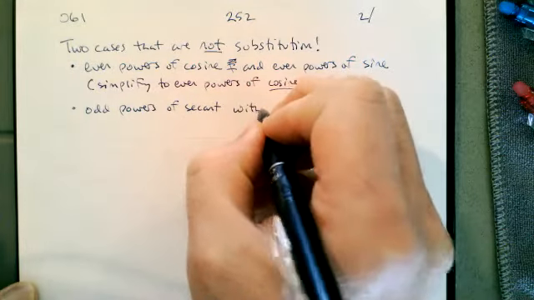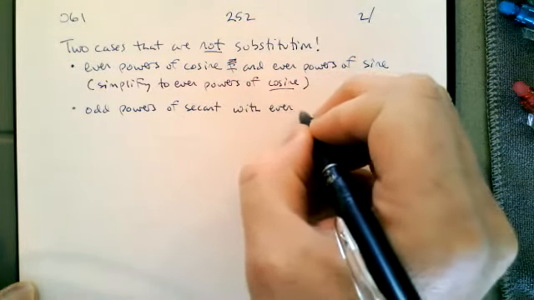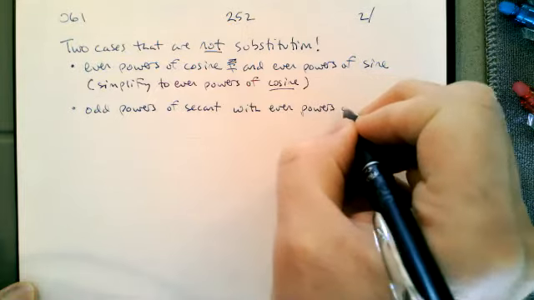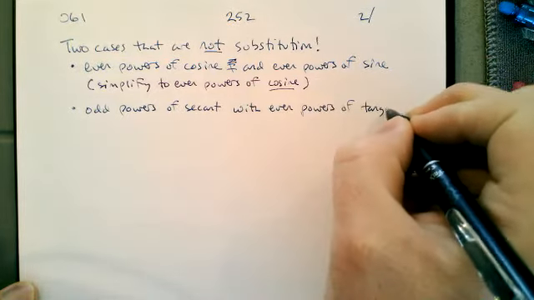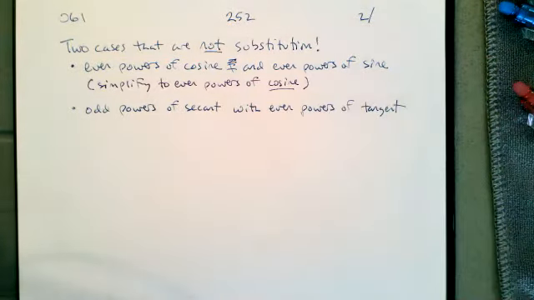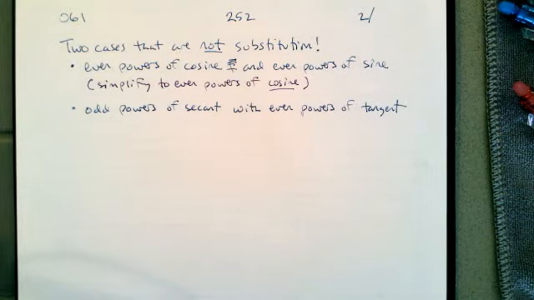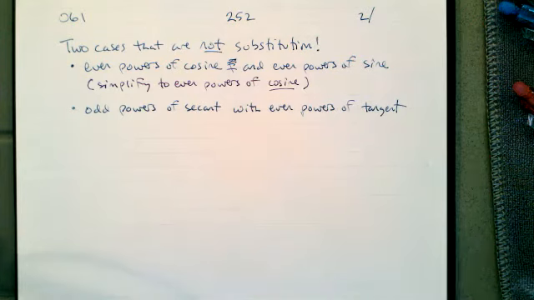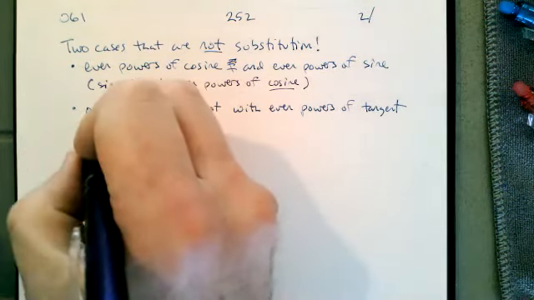So case 2 that's not a substitution is odd powers of secant with even powers of tangent. We're going to simplify this one as well. Odd powers of secant with even powers of tangent can be simplified to odd powers of secant on their own.